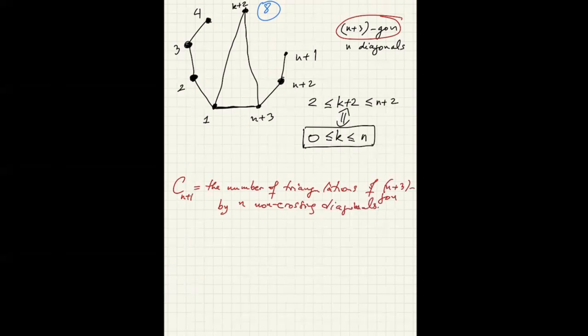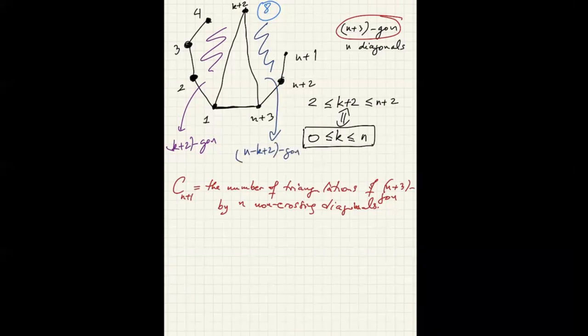And so for every such k, whenever we have this triangle that contains 1, n plus 3, and k plus 2, we're going to get a triangulation of this n plus 3 gon by combining a triangulation from here of this k plus 2 gon, and we're going to combine it with a triangulation from here, which is an n minus k plus 2 gon.